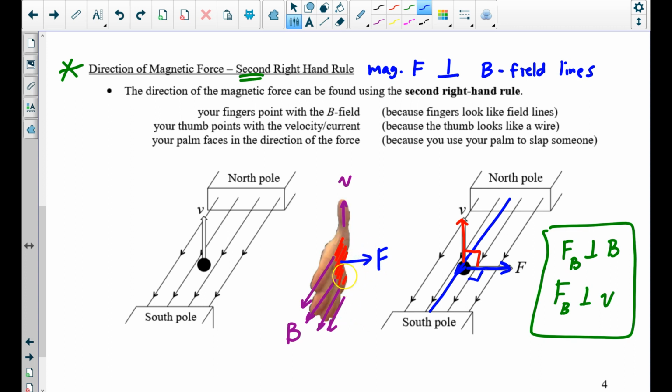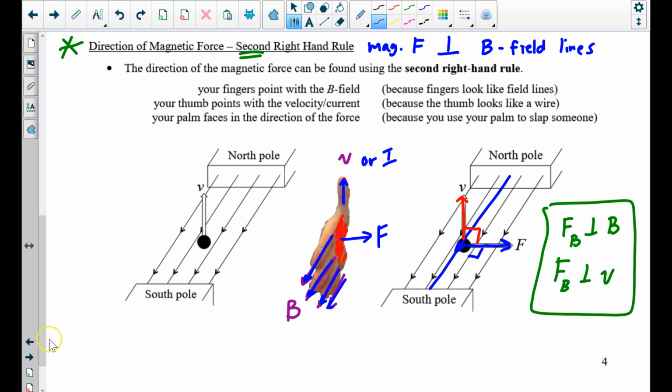So how do you remember this? Well, when you hold out your palm, that's how you slap. You slap somebody with your palm, right? So the palm shows us where the force points. The thumb looks like a wire, so it shows where the current or the velocity is directed, and your fingers look like field lines, so they show us the magnetic field.